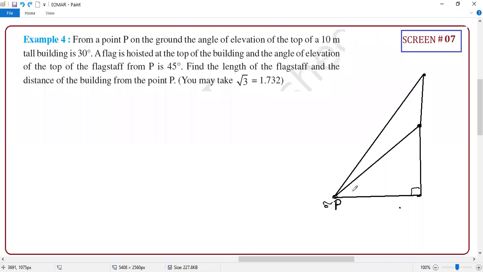So now, what is the angle of elevation, student? First one is 30 degrees. Guys, this is 45 degrees. Some students will make the mistake and put 30 here, or get confused. Guys, you should not have confusion by seeing itself. This is the bigger angle, this is the smaller angle. Clear or not? So you should not have that confusion.